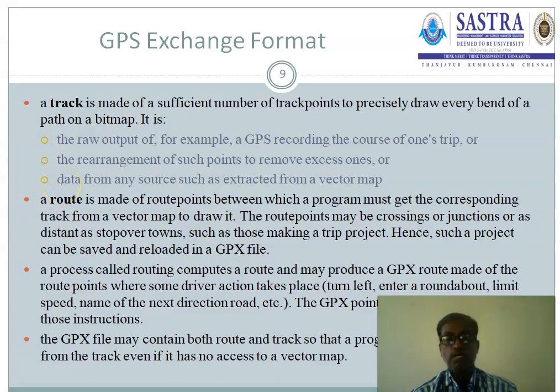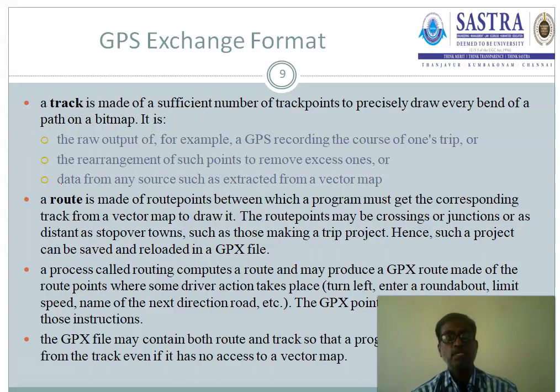The raw output is GPS data, for example, a GPS recording of the course of one trip, or existing data. Already you have visited and you have created the data, that is the first case. And then rearrangement of such points to remove the excess ones.